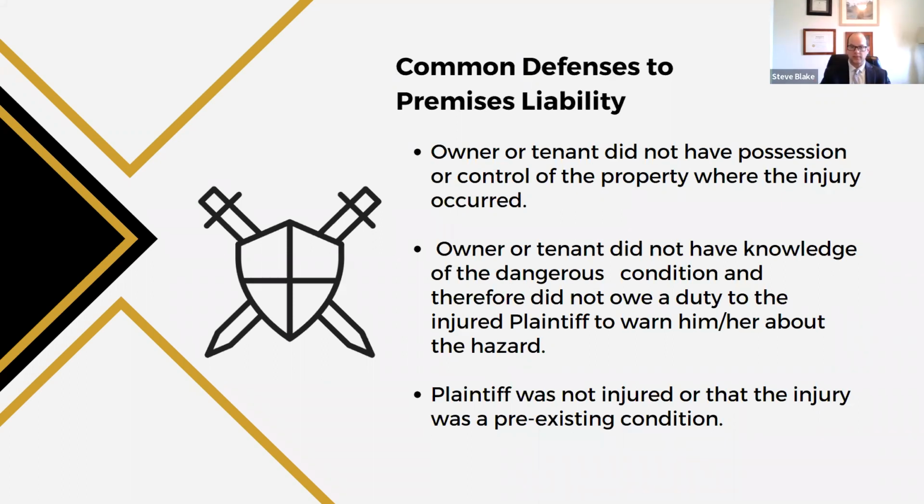Or, we looked at the injured person's medical records and it shows that they've had a broken knee for years. And this is an injury that did not occur because of the trip at the premises. It's something that they had already had. So those are some of the common defenses.